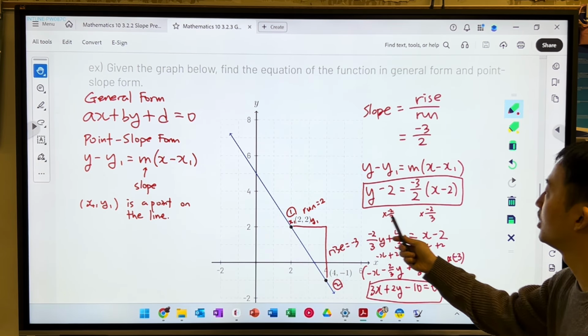So y minus 2 equals -3/2 times x minus 2. This graph is equivalent to y plus 1 equals negative 3 over 2 times x minus 4. So you just choose whatever point that you want.